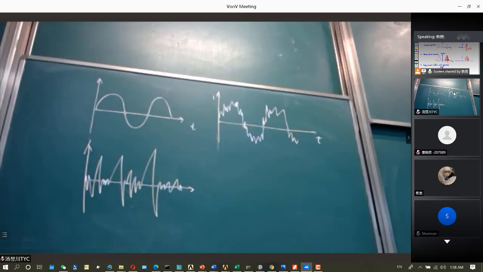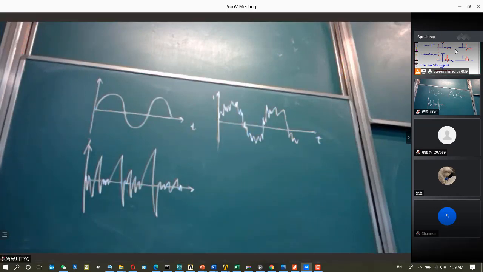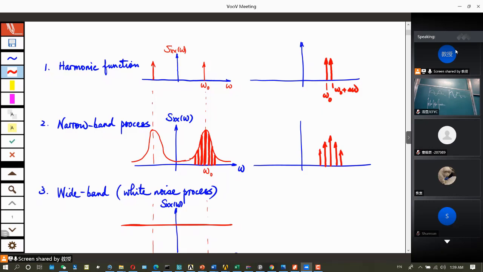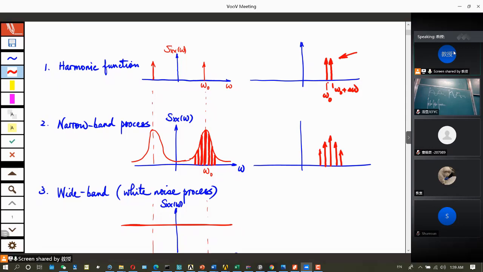If we can draw this, then we should be able to extend to draw this. Professor Tang, please ask a student to draw this case. To draw this case, we have two frequency components close together.